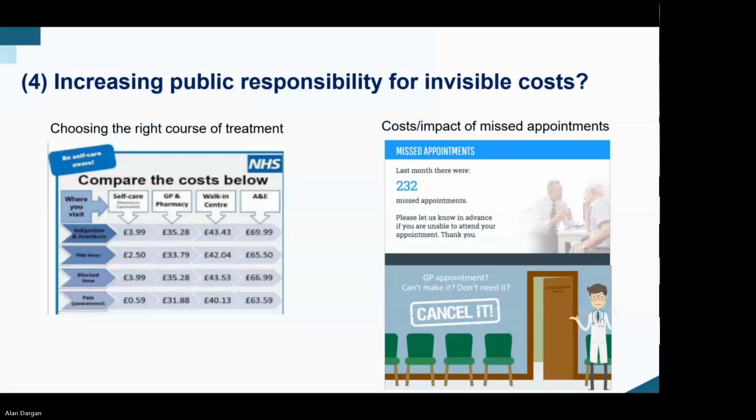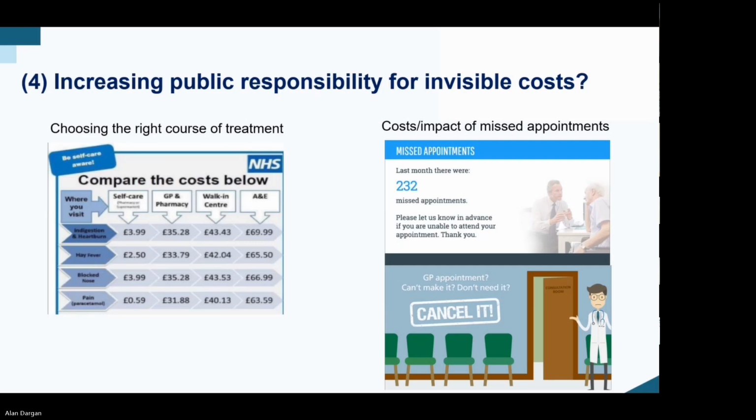Or, as we sometimes see when we're sitting in the reception area of a GP or a dentist surgery, there are often campaigns highlighting the cost impact of missing a GP or a dental appointment.